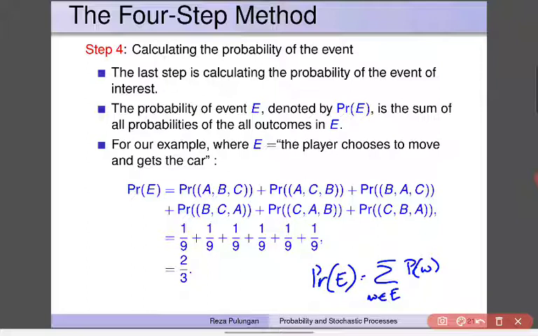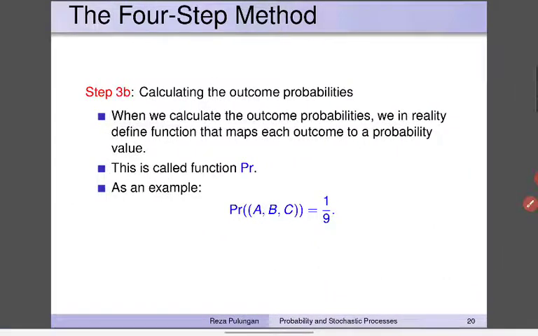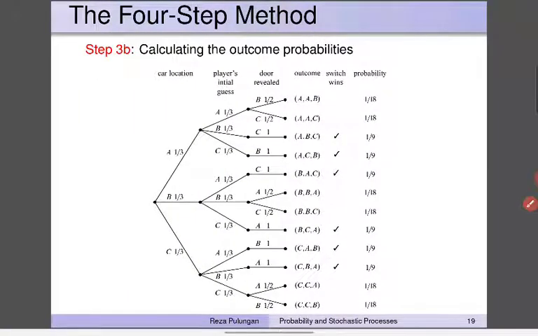And then we have also seen that our event of interest is the player chooses to move and gets the car. And this event consists of these outcomes: ABC, ACB, BAC, BCA, CAB, and CBA. We can look back again to this tree diagram for that.